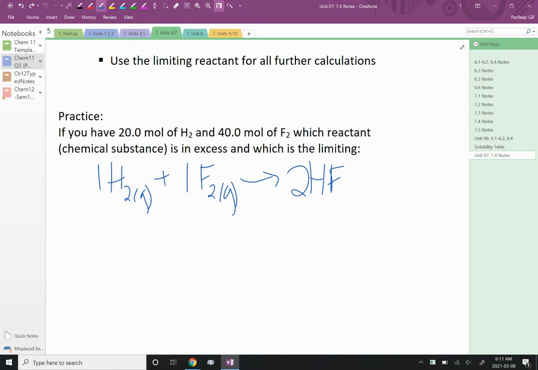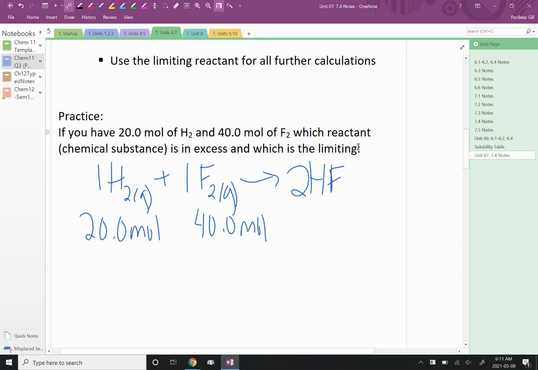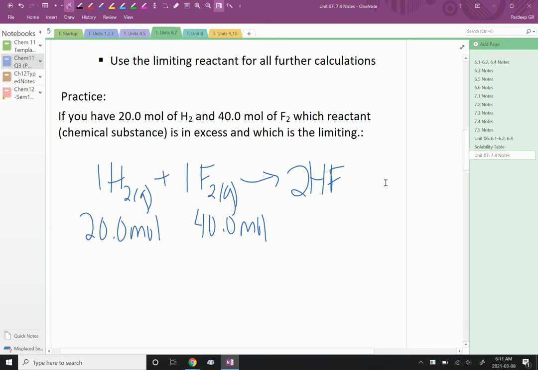So we have 20 moles of H2, so I'm going to write that down, and we have 40 moles of F2. Now remember, in this question, you're given two pieces of information to start with, and we're trying to find the excess. So maybe I can say here, how many moles of HF will form? So this is what we're trying to find.